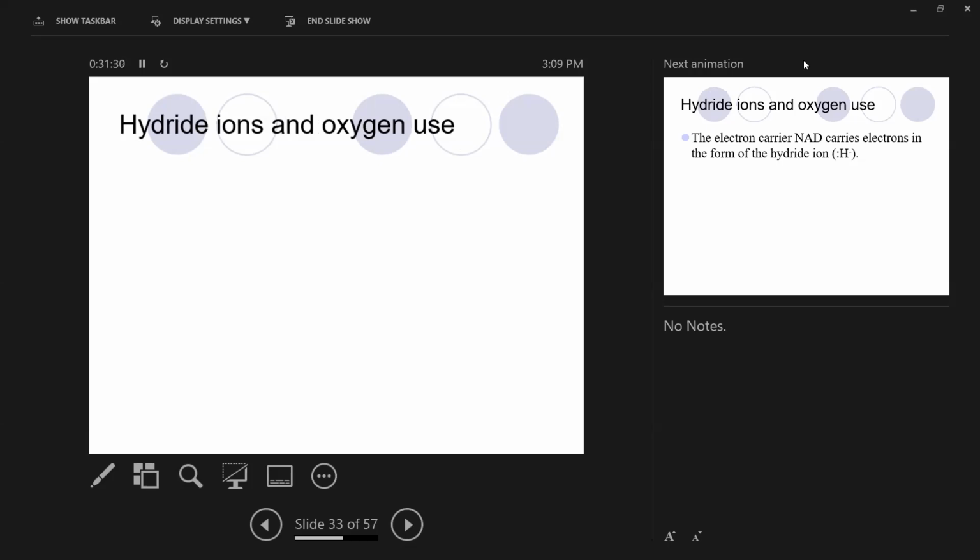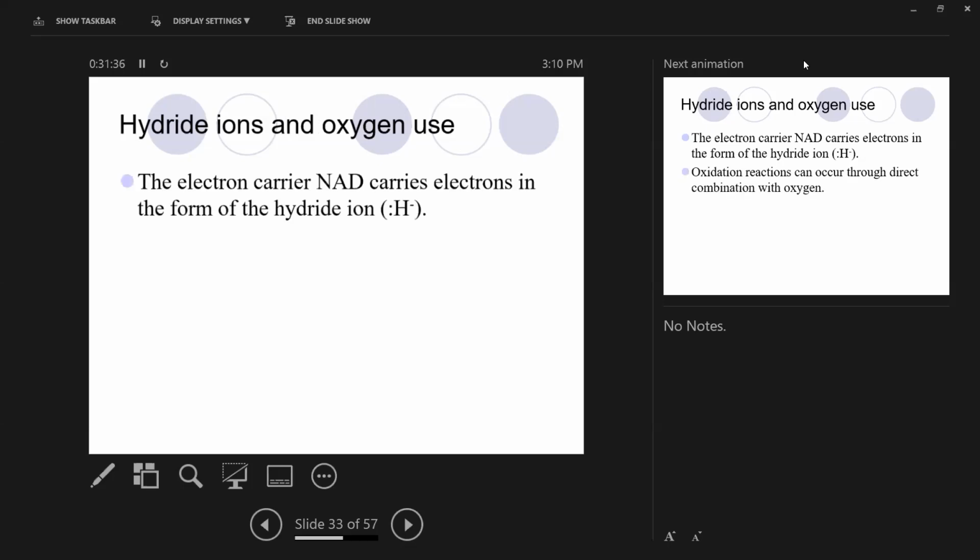Not terribly common in chemistry, but pretty common in biology. In fact, one of your carriers, NAD and NADP, will carry electrons in the form of a hydride ion.